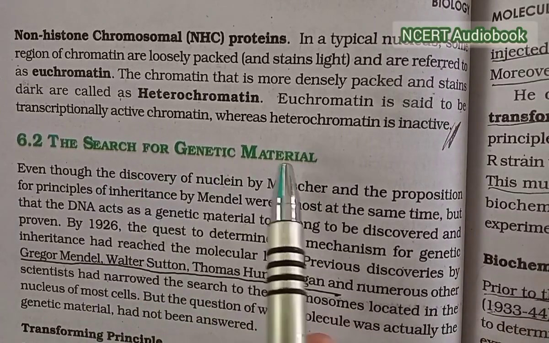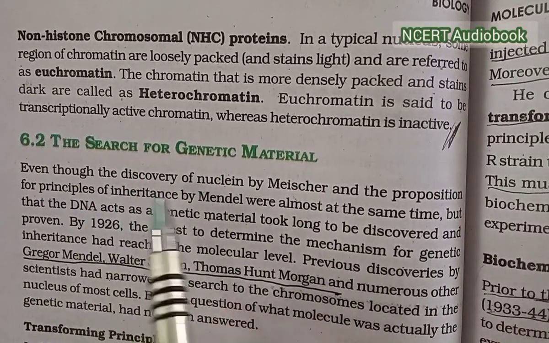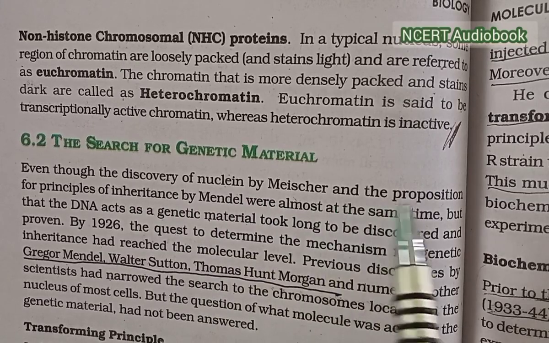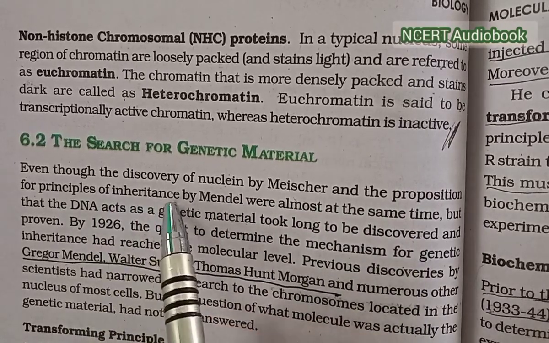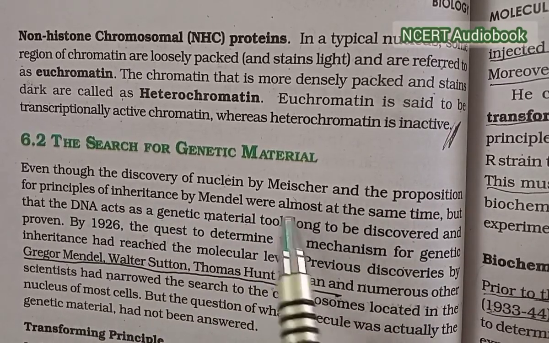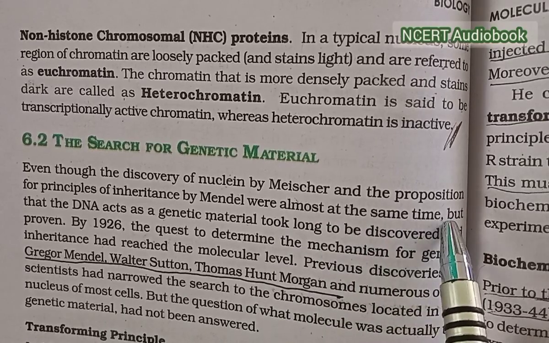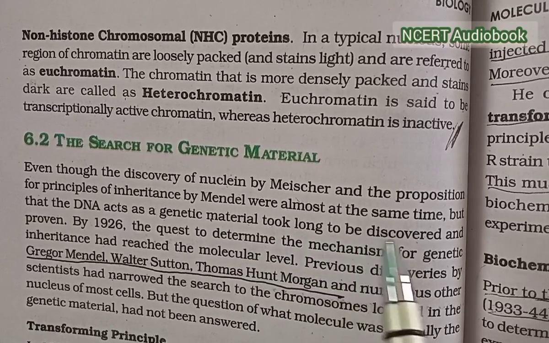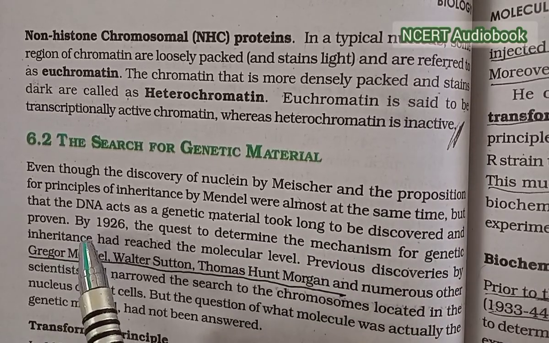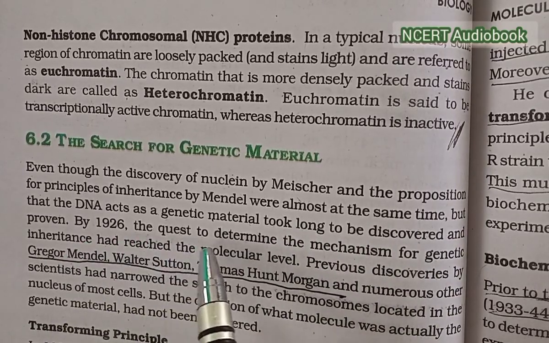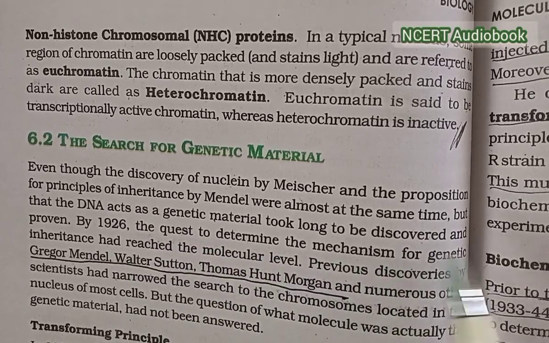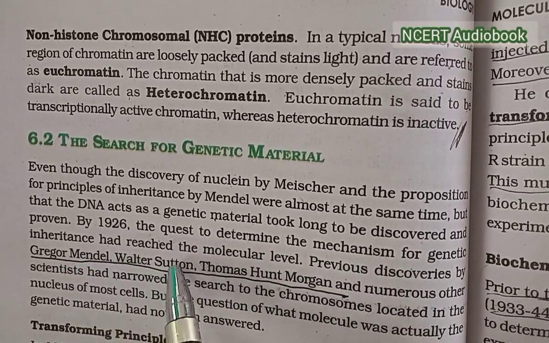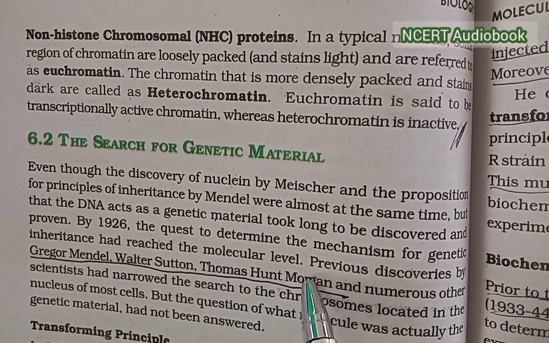The search for the genetic material. Even though the discovery of the nuclein by Miescher and the proposition of the principles of inheritance by Mendel were almost at the same time, that DNA acts as the genetic material took long to be discovered and proven. By 1926, the quest to determine the mechanism for genetic inheritance had reached the molecular level.